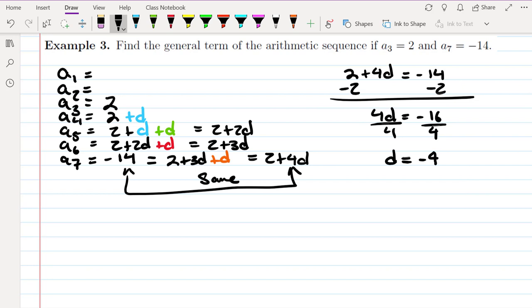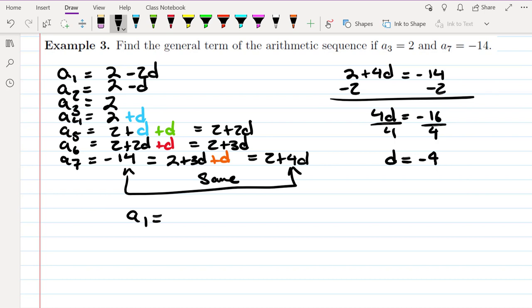So now that we know d, we need to know the first term to find the general term of the sequence. So we know to move forward, as we saw here, we had to add d every single time to get to the next term. Well, to go backwards then, we would need to subtract d, so 2 minus d, and then this would be 2 minus 2d.